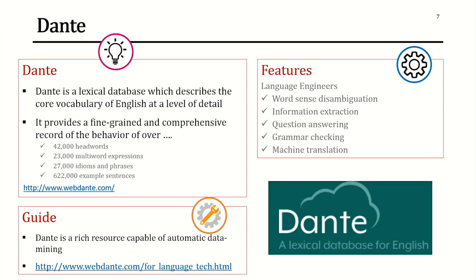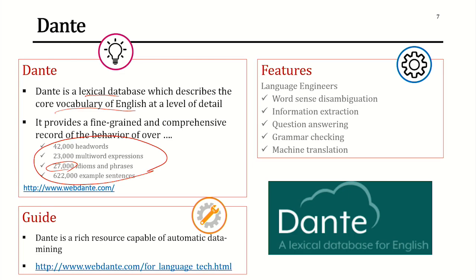Next we see DEN, which is also a lexical database that describes the core vocabulary of English at a level of detail. It is basically for the English language only. It provides many lexical records, as we have seen in these numbers. There are around 42,000 headwords and 27,000 idioms and phrases that we can use.